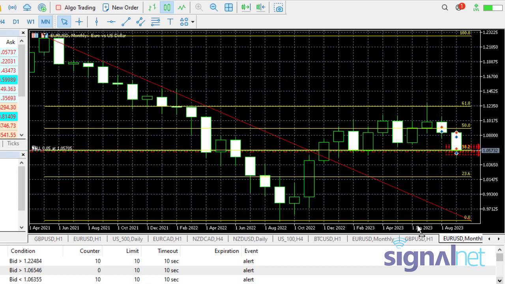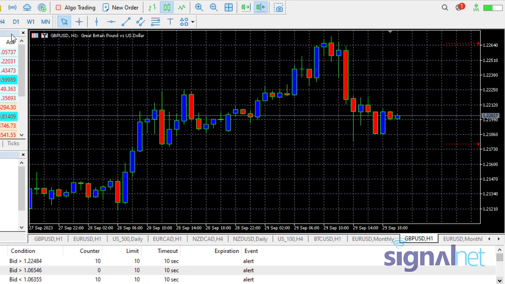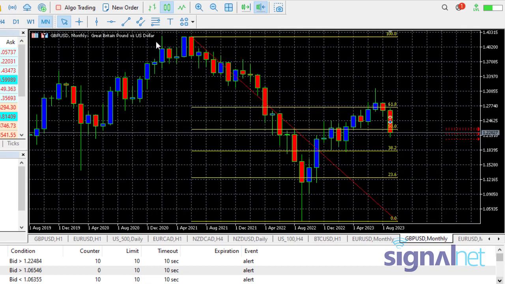So let me quickly look at the Pound USD in the same light. For the Pound USD, it's kind of similar. The main trend is downward. It pulled back to the 61.8 level, fell to the 50, and at the moment, it has actually kind of broken through the 50 zone, and it looks like we're going to see it falling a little bit more.